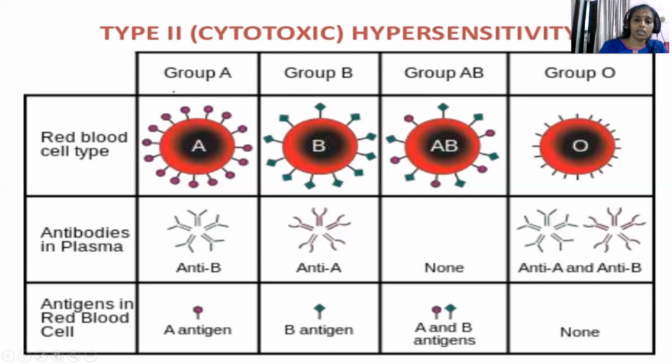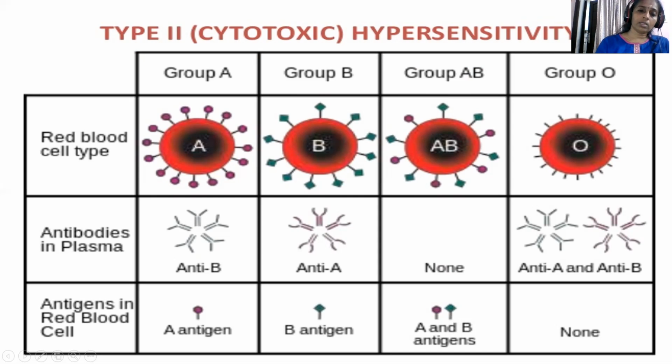So in the case of red blood cells, A is a cell surface antigen for an A group individual. The B group individual has B group antigens. In the case of AB group, they have a mixture of A and B. And O group don't have any antigen, but they have only the antibodies against those antigens. Hence, due to the presence of anti-A antibody in B group persons, we cannot give them A blood cells, and B group blood cannot be transferred to A group persons.